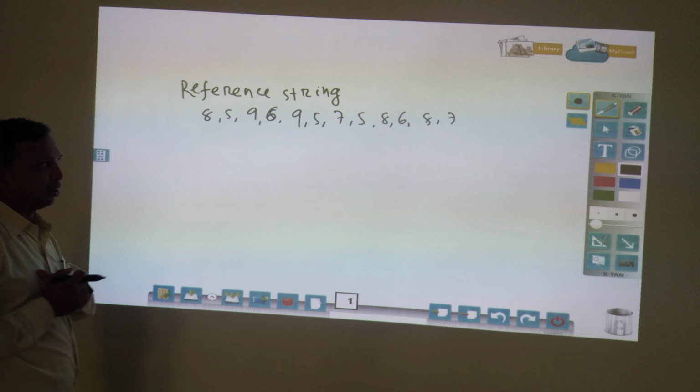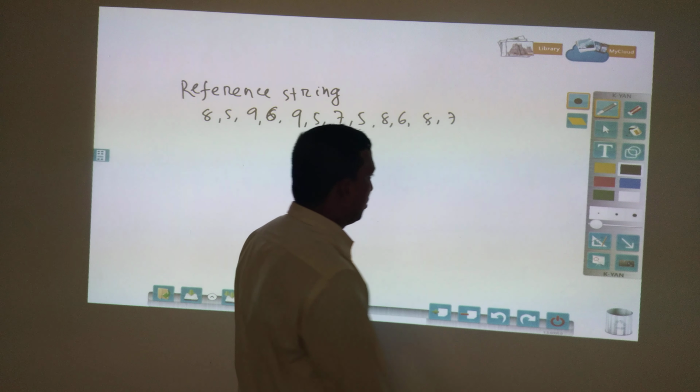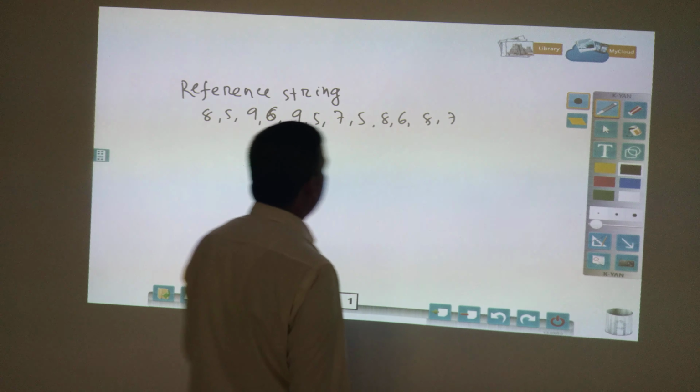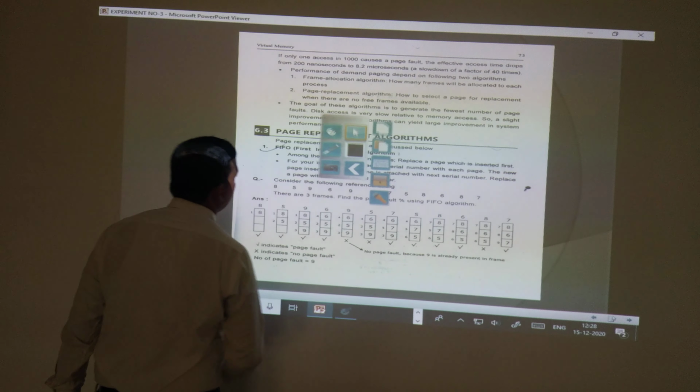So we have to find out the replacement algorithm using FIFO. FIFO first in, first out.